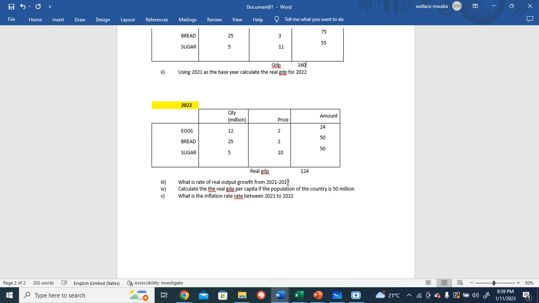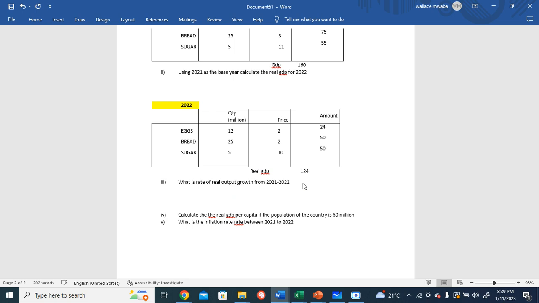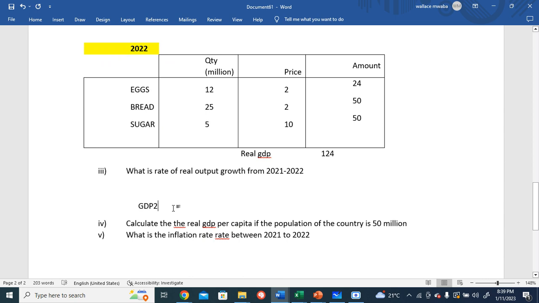What is the rate of real output growth from 2021 to 2022? So I want to say by what percentage has the real GDP grown from 2021 to 2022? Whenever you want to find percent changes, it's always new minus old divided by old. So in this case, for the real GDP, this is the GDP for 2022.